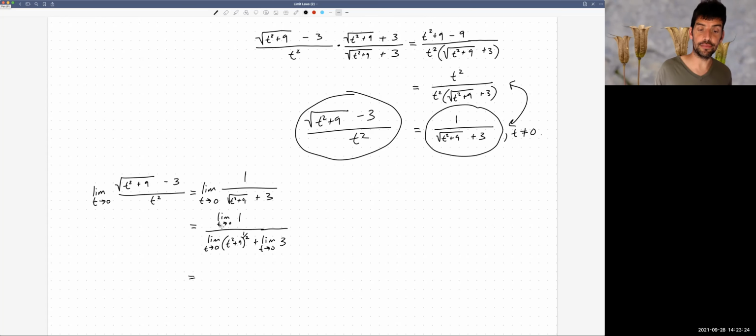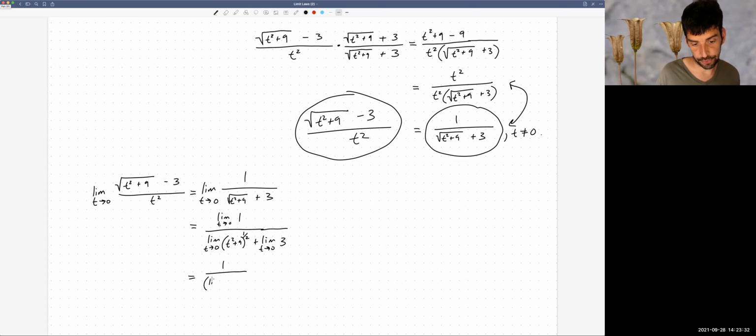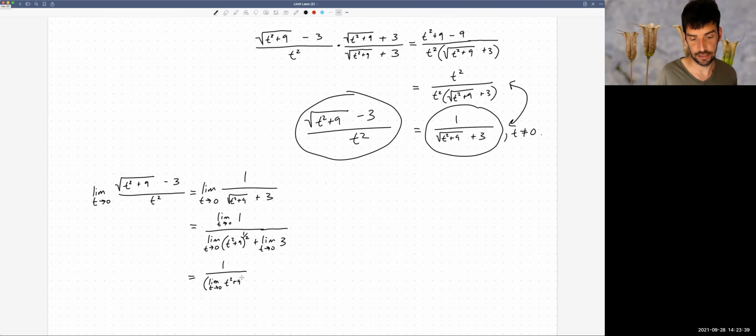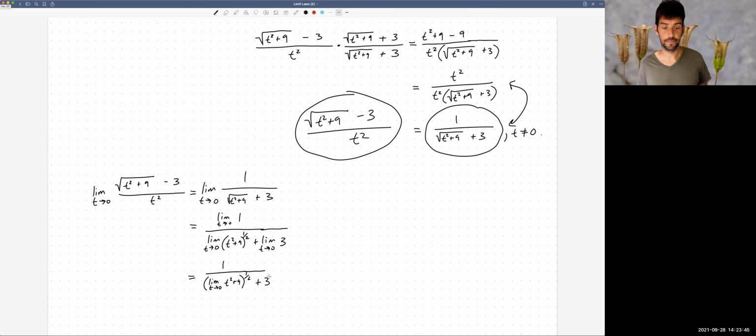Well, I know the limit of the constant 1 is just 1. I'm going to apply my rule for roots. I can take the limit inside and then take the square root. And then I know the limit of the constant 3 is just 3.